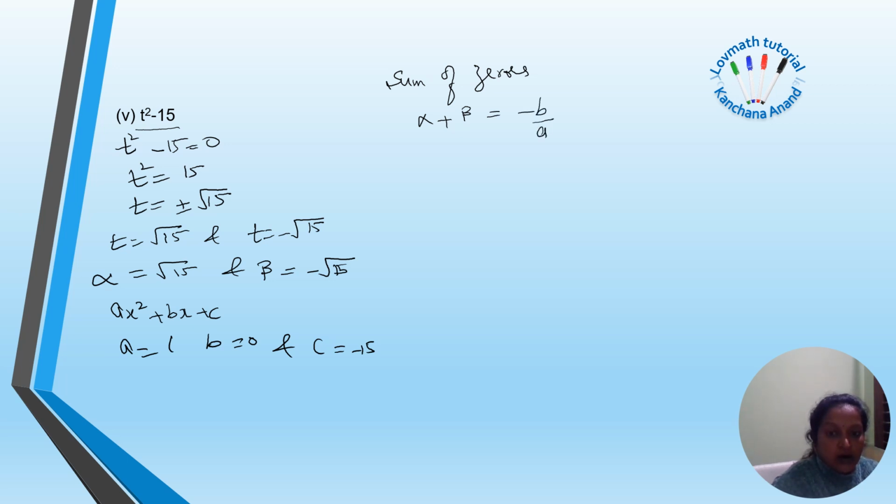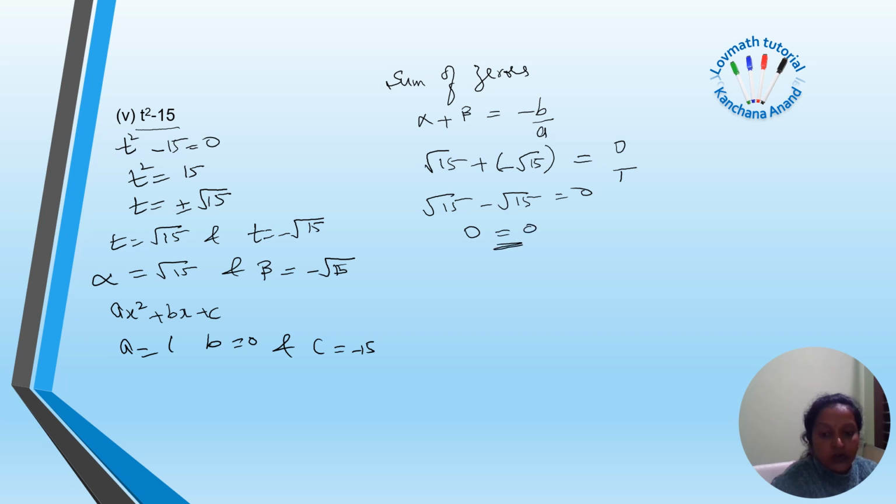Here alpha is square root of 15 and beta is minus square root of 15. Here b is 0 and a is 1. So this becomes square root of 15 minus square root of 15 is equal to 0. 0 is equal to 0.